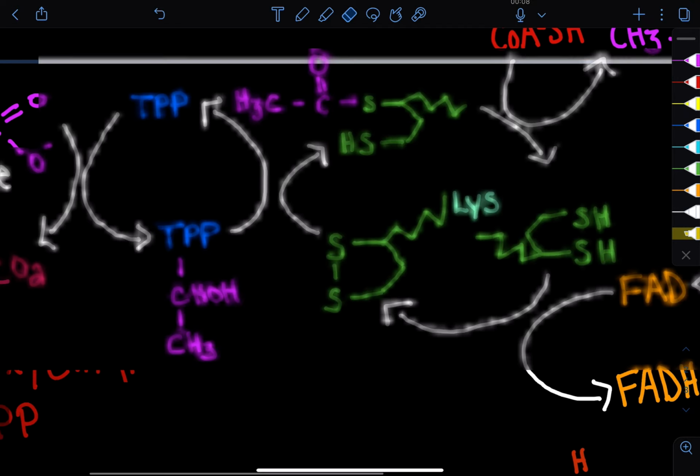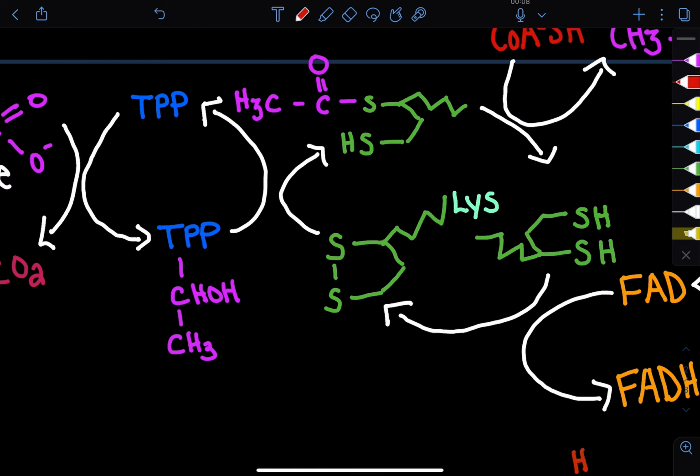Now we're going to take a look at the second subunit of pyruvate dehydrogenase. In the second subunit, we have lipoate. Now, lipoate consists of lipoic acid, which is the structure right here, and lipoic acid is bound to a lysine. So in this diagram, we are depicting simply lipoic acid, and we're just writing lysine in the middle.